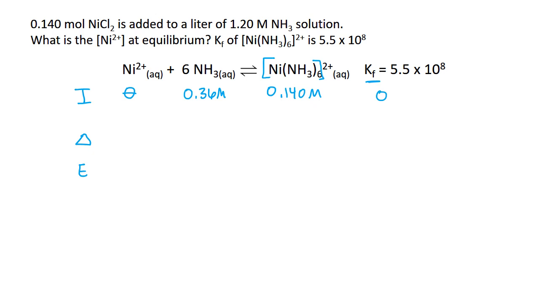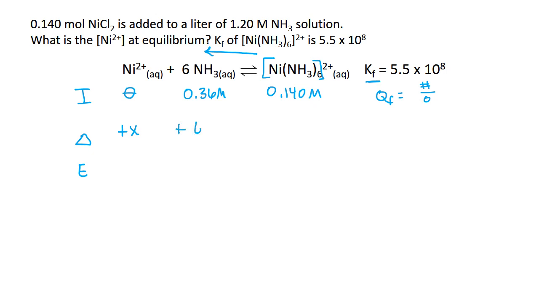So if I calculate the Q, so Q is at that moment, I get a number divided by 0, right? So if there's nothing here, that means my reaction has to shift to the reactant side in order for it to work.